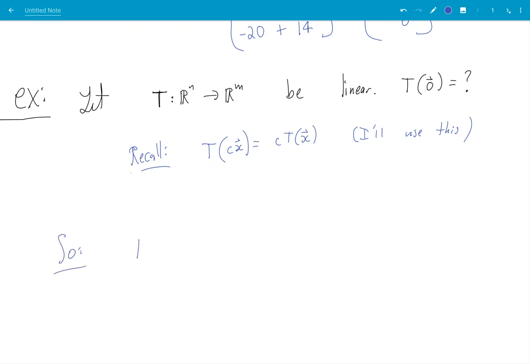So if I go T applied to the 0 vector, well, what is the 0 vector? I can write that as the number 0 times the 0 vector.